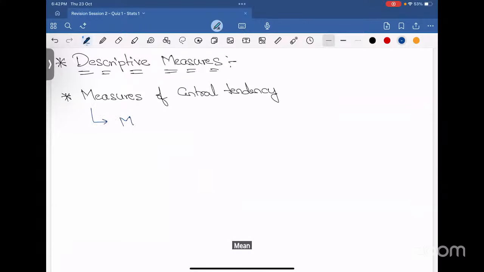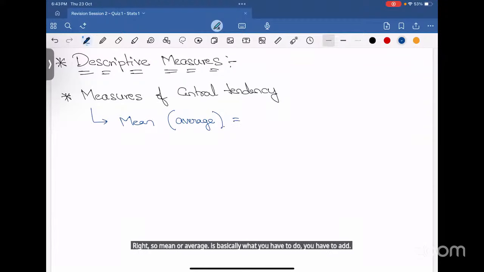Mean is basically the average of the data given. So mean is also referred to as average. You have to add all the data point values and divide by the number of observations.